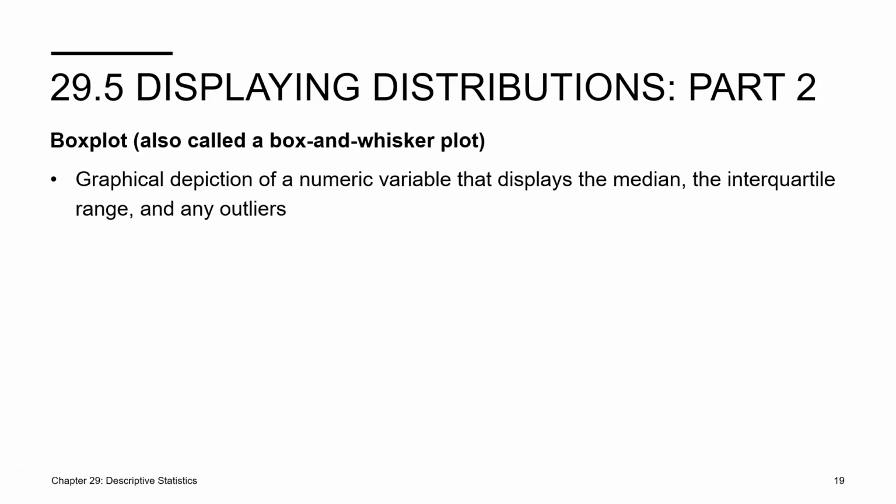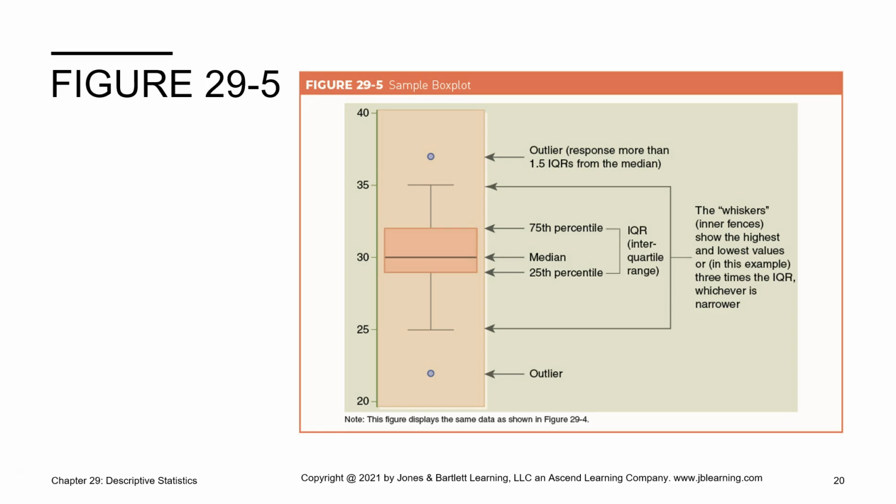Then we also have a box plot. Sometimes this is called a box and whisker plot, and this is a graphical depiction of a numeric value that shows the median, the interquartile range, and any outliers. Instead of being continuous data, this is typically shown for categorical data that's maybe ordinal.